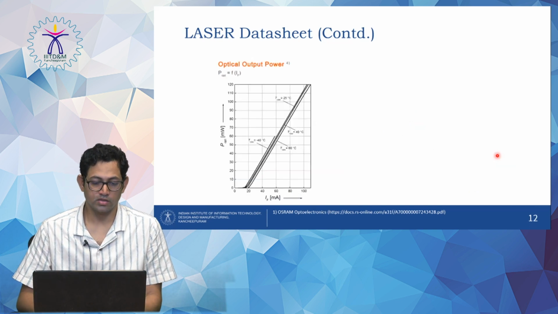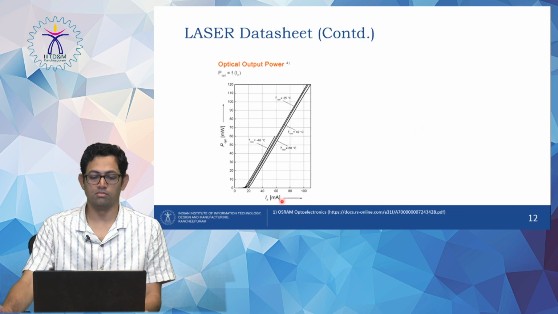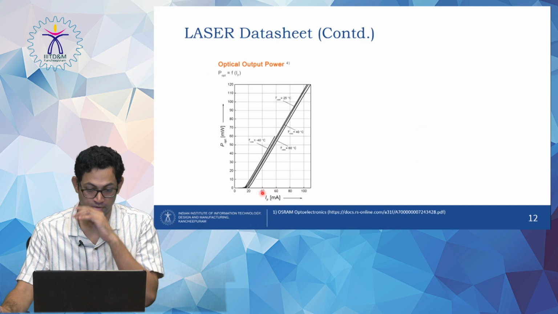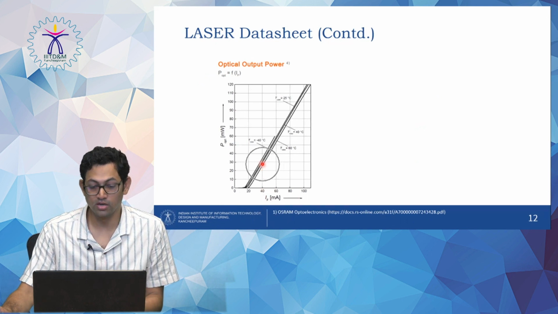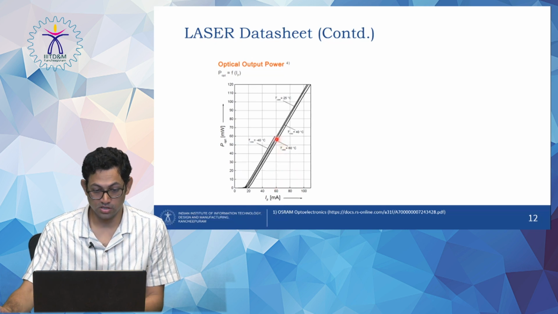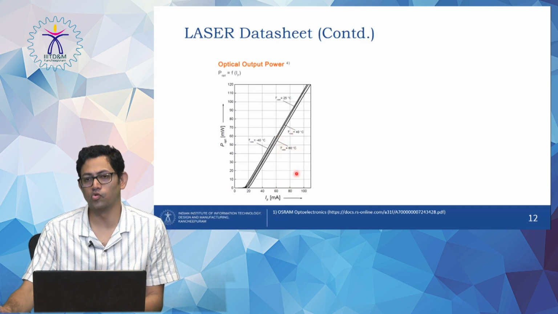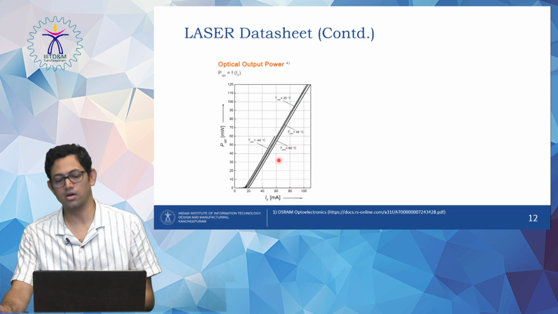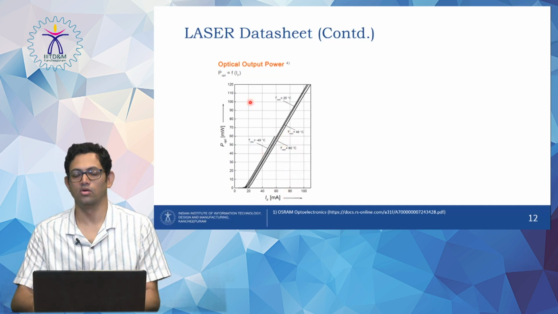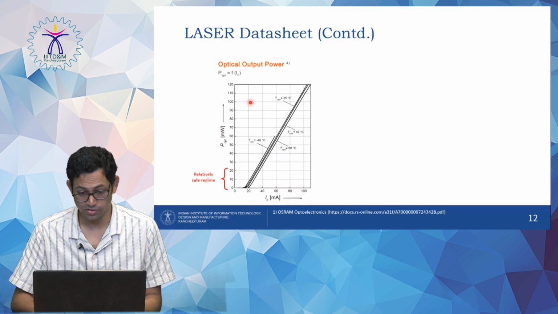Okay. Another thing which is important is how much current you are going to drive. You can see that if you are driving around 40 milliamperes, then you get around 30 milliwatts. If you are driving around 60 milliamperes, you are getting around 60 milliwatts, and so on and so forth. So as you go on increasing the current, the output power of the laser also increases linearly in this case.